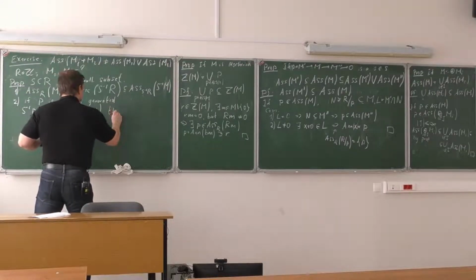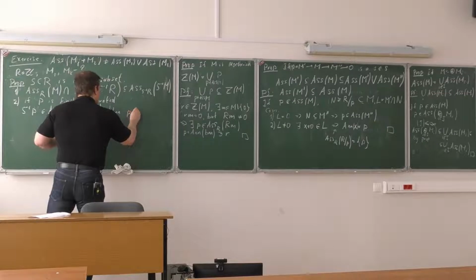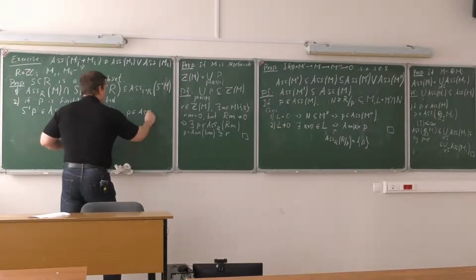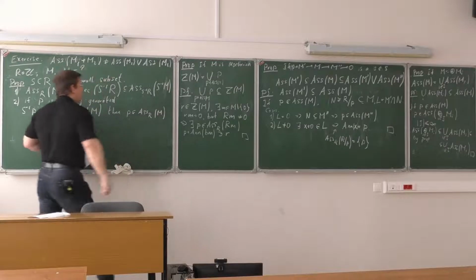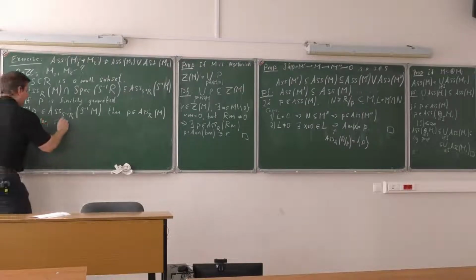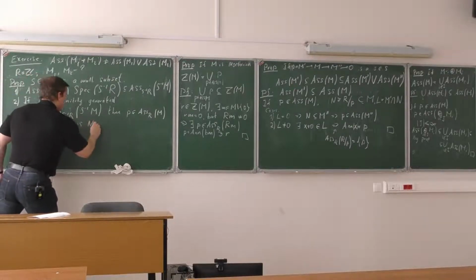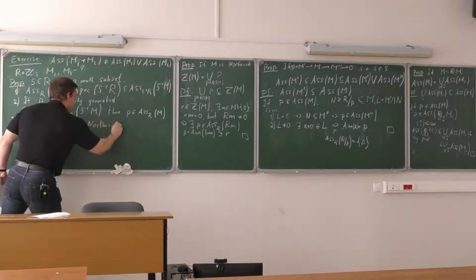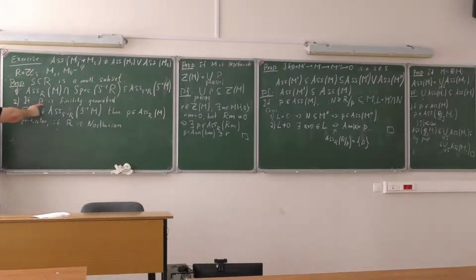then this prime ideal P belongs to the associated primes of the module M over R. So of course I can say that in particular if R is Noetherian, then this condition is automatic, then this inclusion we know from the first part without assumption that R is Noetherian, and this gives us inclusion in the other direction.